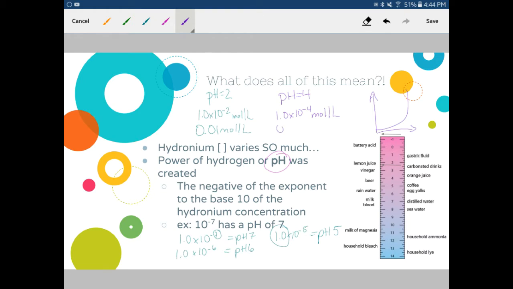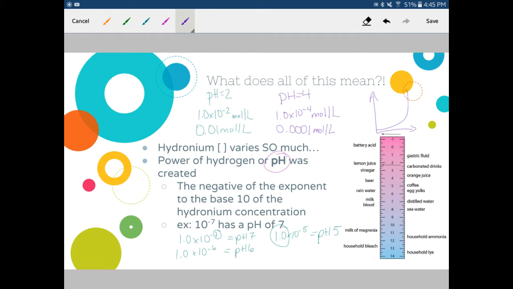So our change from 0.01 to 0.0001 moles per liter is a huge difference in value.